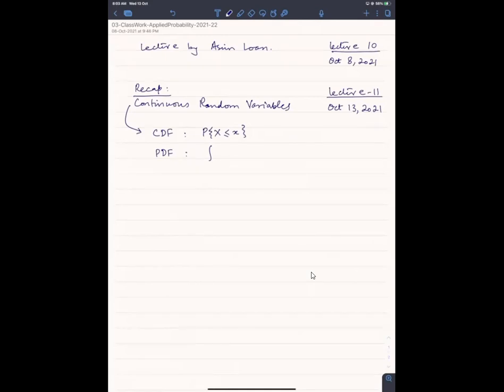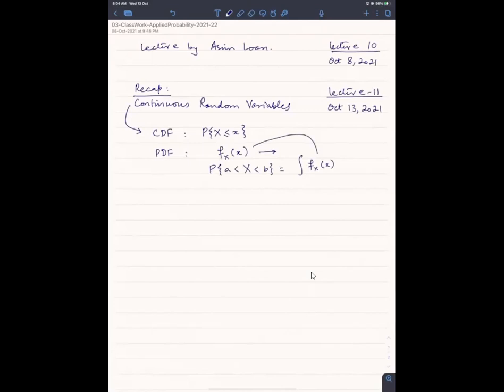evaluated from whatever point. So in general, the PDF would be written as the probability density function. And the way that we define the probability density function is that this random variable X, taking a value between A and B, this probability is equal to the probability density function.